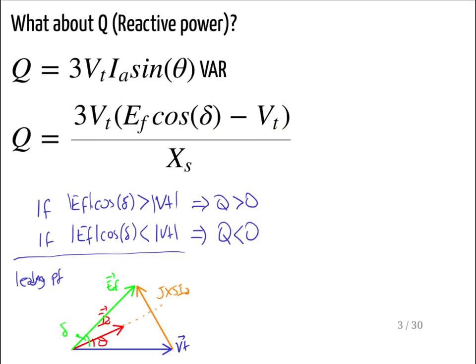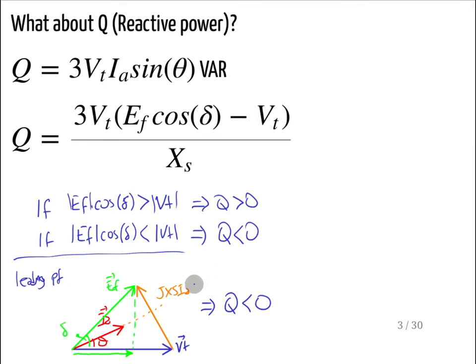However, in this case, if you look at the projection, EF cos delta is here minus Vt, and that results in a negative value. So in that case Q is less than 0.